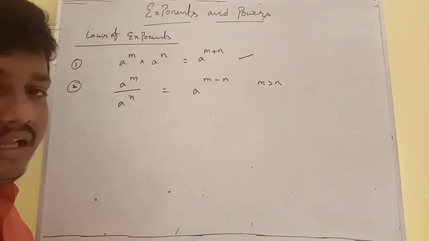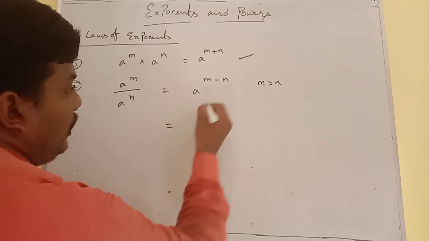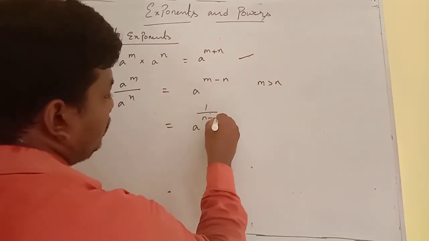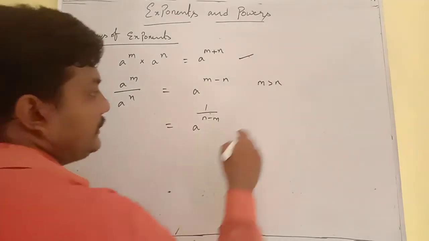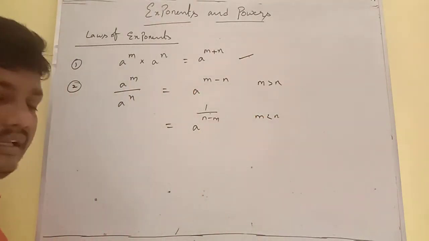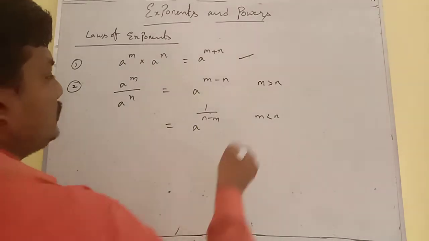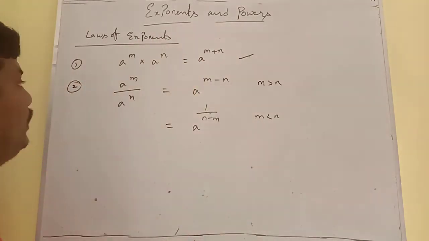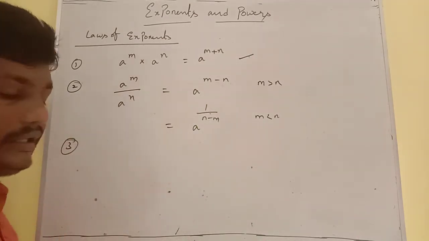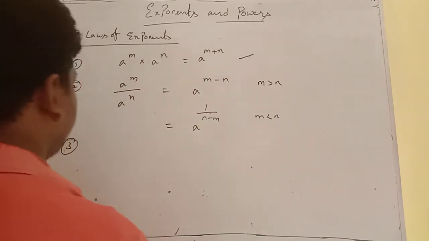In the same formula, we also consider 1 by a power n minus m, which is the case where m is less than n. So these are called exponential formulas.